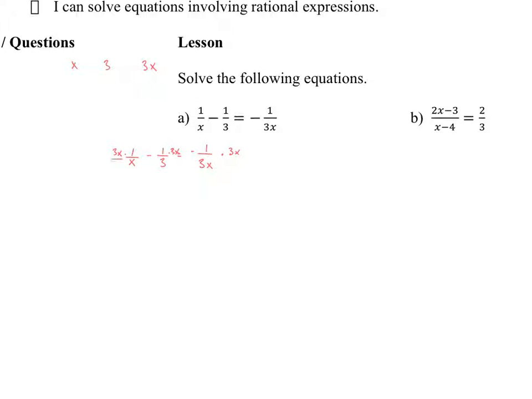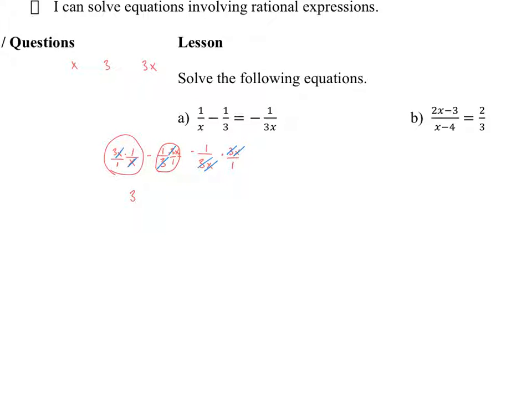These 3x's are really just 3x over 1s. So once I've multiplied by 3x, you'll notice there's some stuff that's going to cancel before I even have to go multiplying anything. So I'm going to be left with, in this first term, that's just 3 times 1 now. This second term is just a minus 1x.